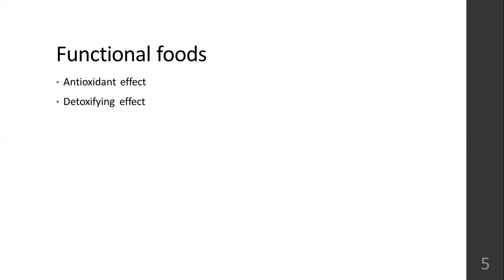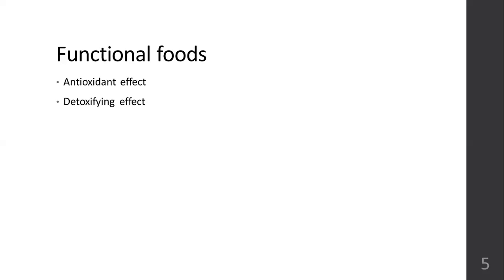Corn and ragi. Then bajra, jowar, rice, milled rice. Wheat flour has the lowest. It just has 24 microgram per 100 gram of antioxidant, but ragi has 173.